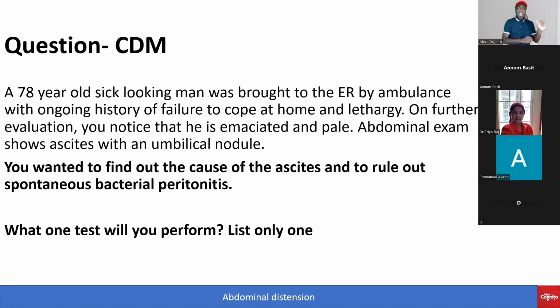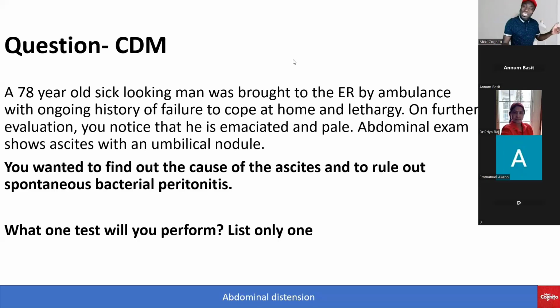So you wanted to find the cause of the ascites and to rule out spontaneous bacterial peritonitis. What one test will you perform? Ascitic fluid analysis? Well, you do that after you've drawn the fluid.